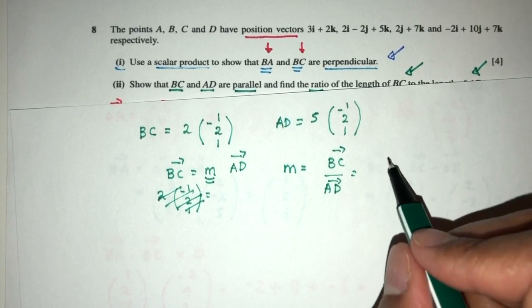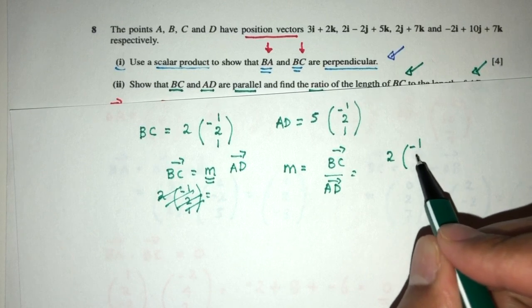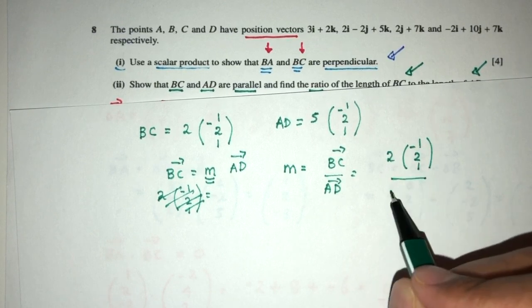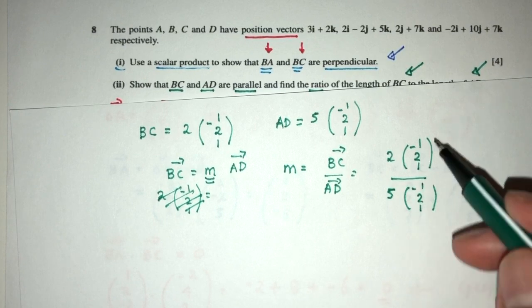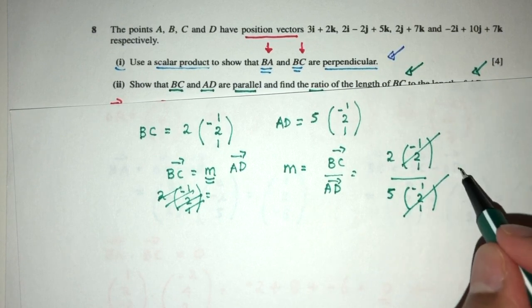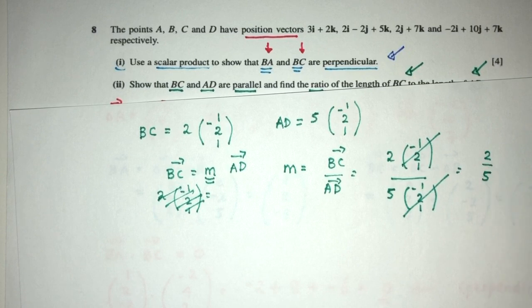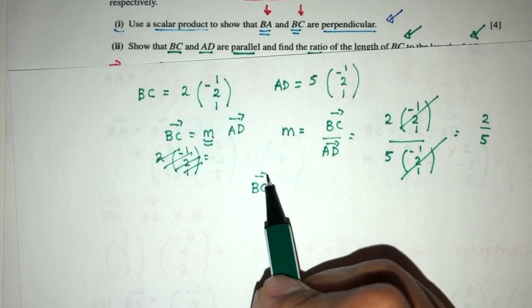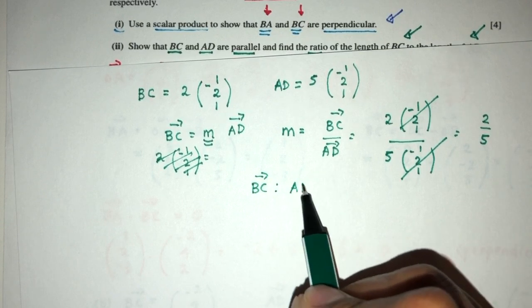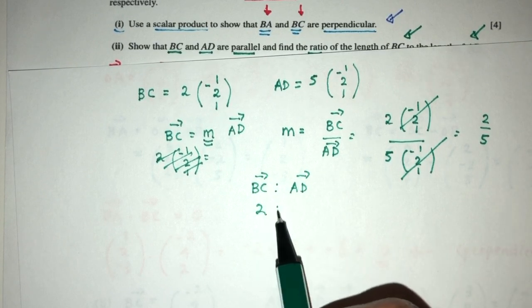Replace, and you will have 2 times minus 1, 2, 1 divided by 5 times minus 1, 2, 1. This will cancel out, and you will have 2 over 5. So the ratio of BC against AD has to be 2 to 5.